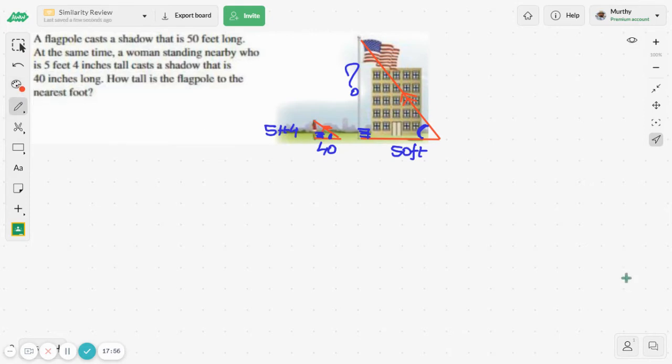I always like to label the triangles, say ABC and maybe PQR. I already proved that 90 degrees equals 90 degrees and the corresponding angles are equal.